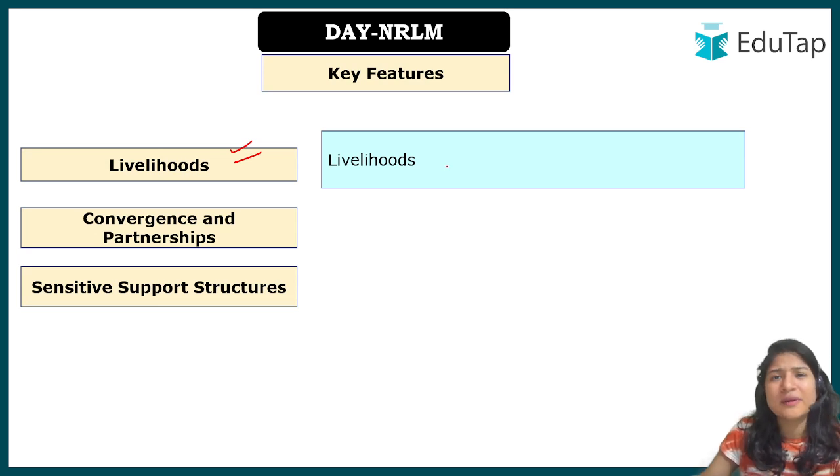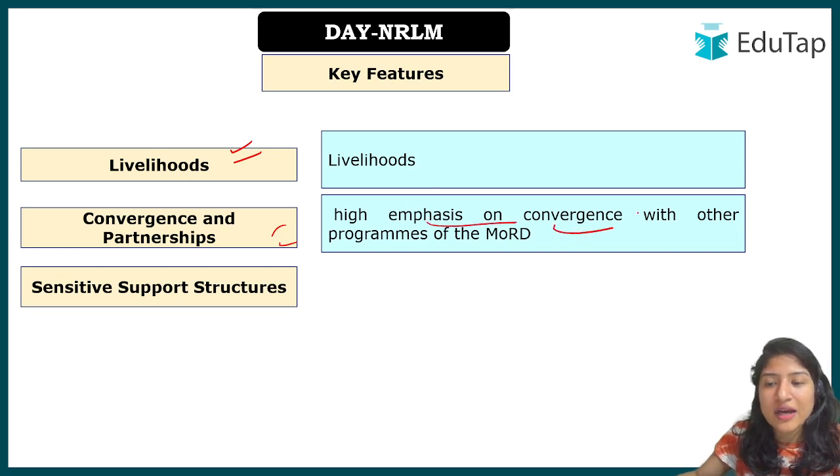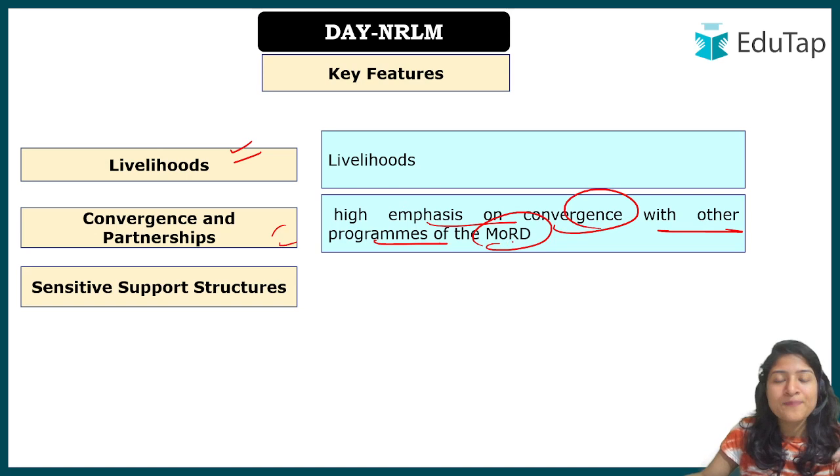If we talk about NPS, we also have the old age pension scheme. There are a lot, telling them about MGNREGA, all these things to have a positive impact on their livelihood. Convergence and partnership: high emphasis on convergence with other programs of the Ministry of Rural Development, so that there is a parallel development that happens.